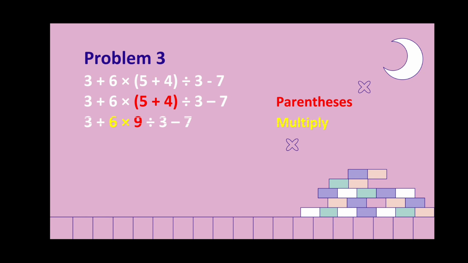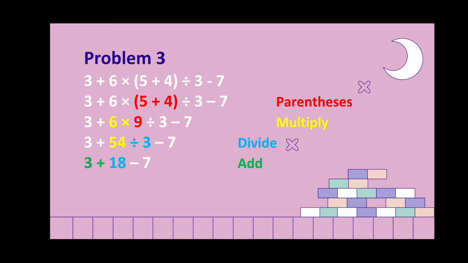So i-remove na ang parenthesis, and then yung ibang numbers and operations, rewrite lang. Next is multiply. We have 6 times 9 equals 54. Another one, divide. 54 divided by 3 equals 18.